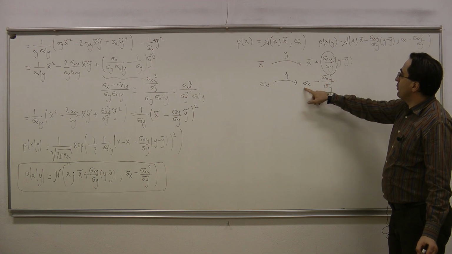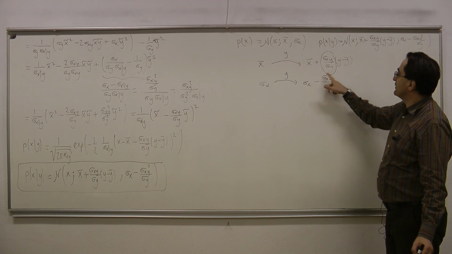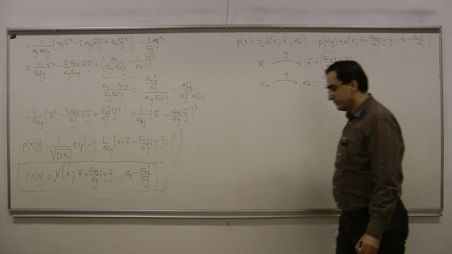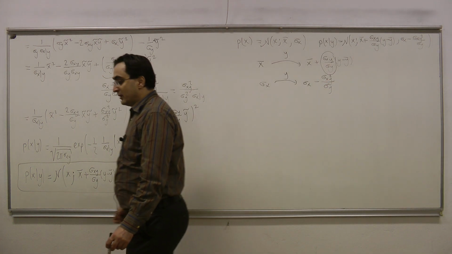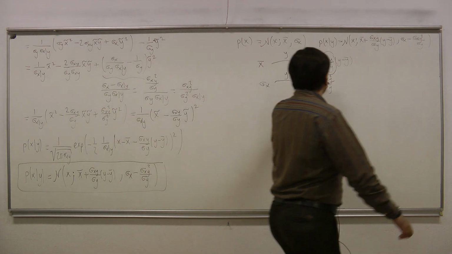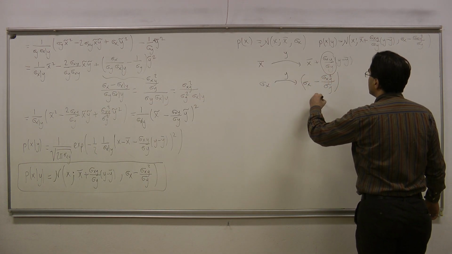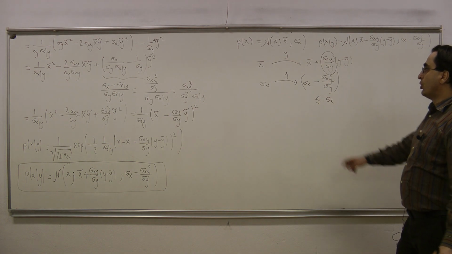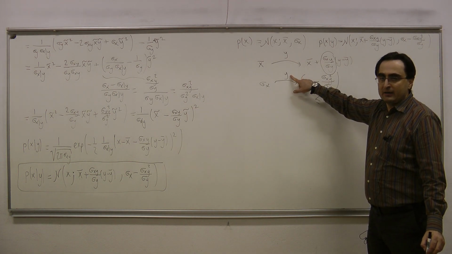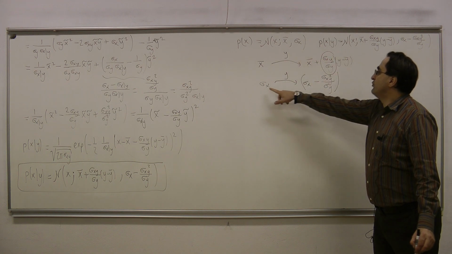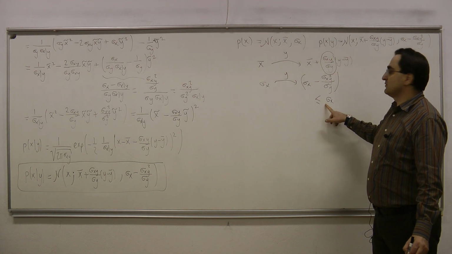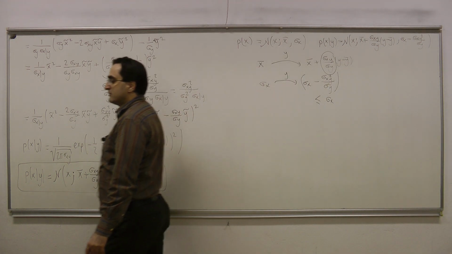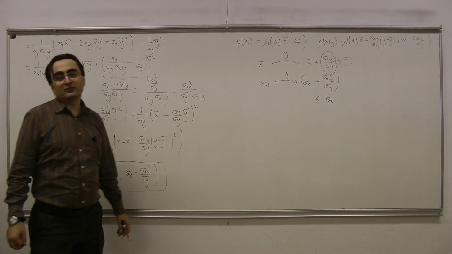Therefore I am always subtracting some positive number or 0 from the prior variance. So this number is always smaller than or equal to the prior variance. So when we measure y, the variance of x gets smaller, which means that its uncertainty is decreased.